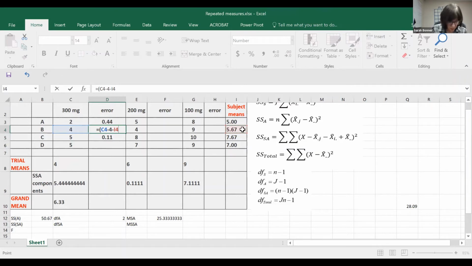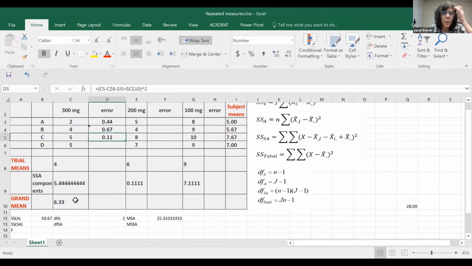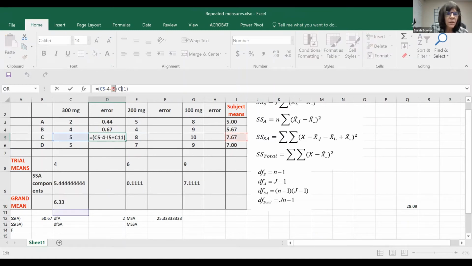Go ahead, plus the grand mean. Then I put in the dollar signs wrong here, and I don't quite know why, so I'm not going to worry about it. So that is going to be C10. I can keep the C10.